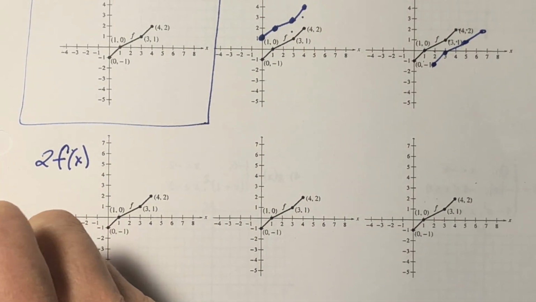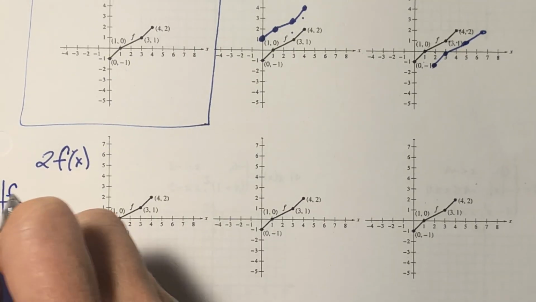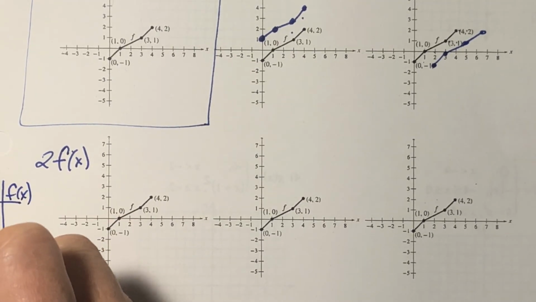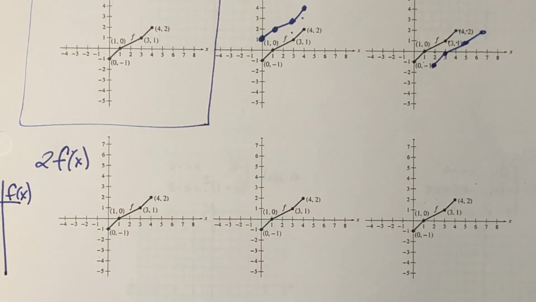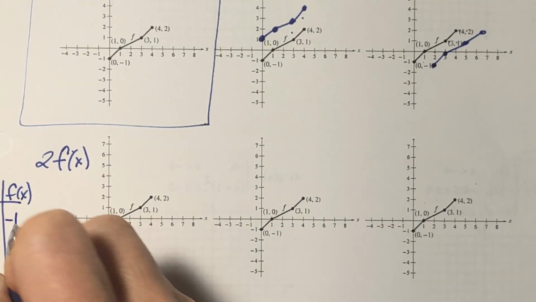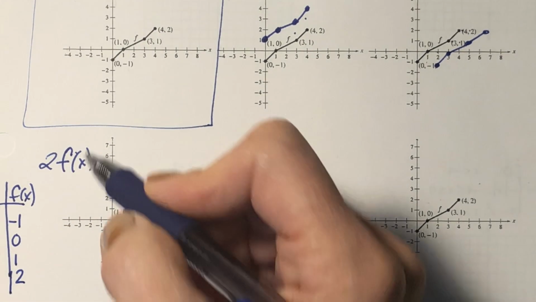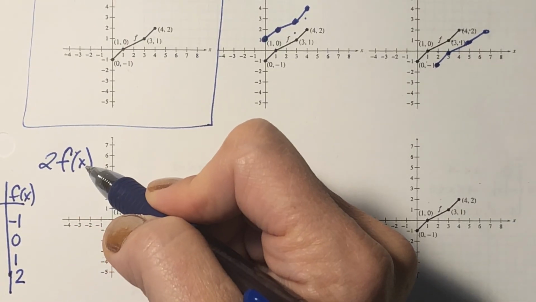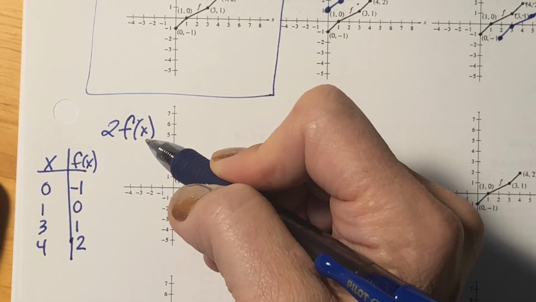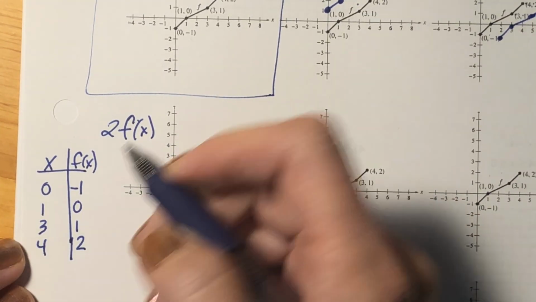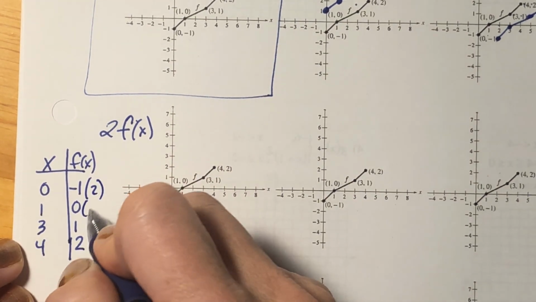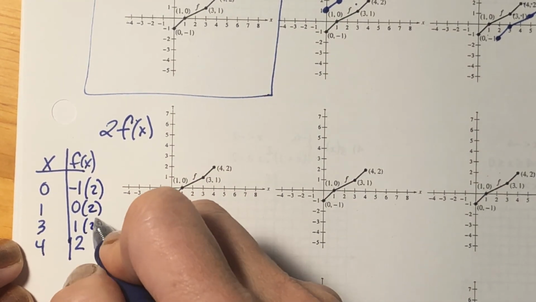Remember our core points were 0, 1, 3, 4, and our f of x's were -1, 0, 1, and 2. What happens in this function is first you do whatever the f of x function is, and then we multiply every single one by 2. So they all get multiplied by 2.